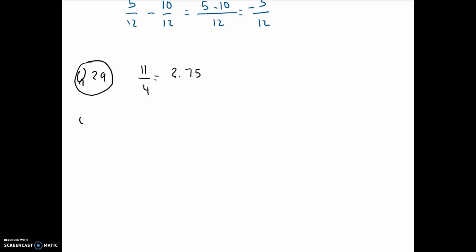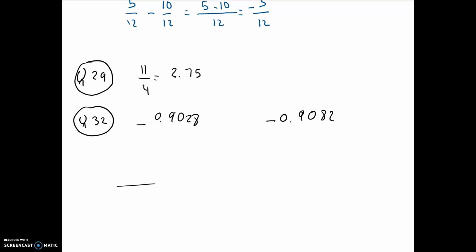32. On problem number 32, what do we have? We need to insert greater than, less than, or equal to make a true statement. So we have 0.9028 and negative 0.9082.